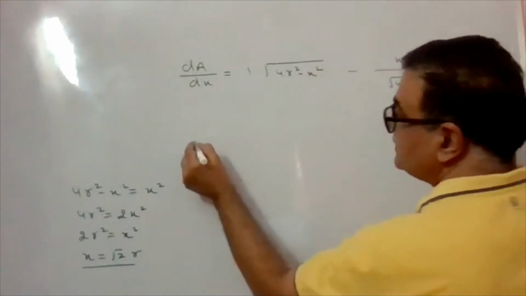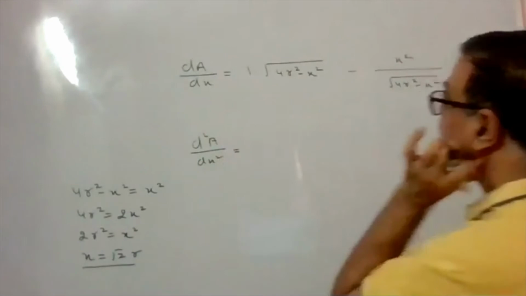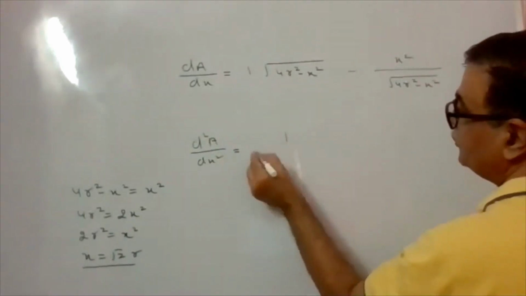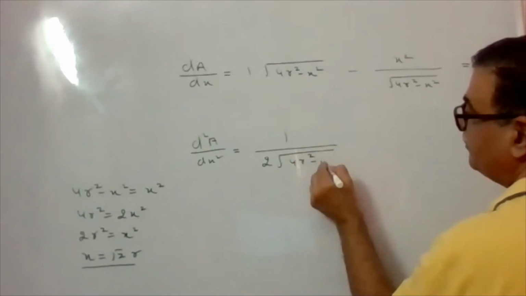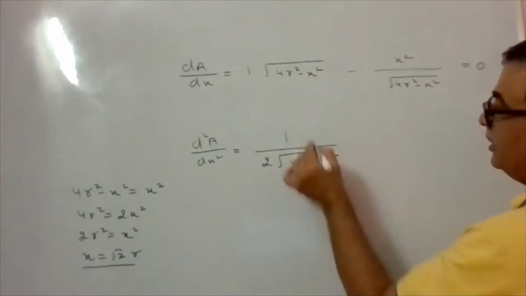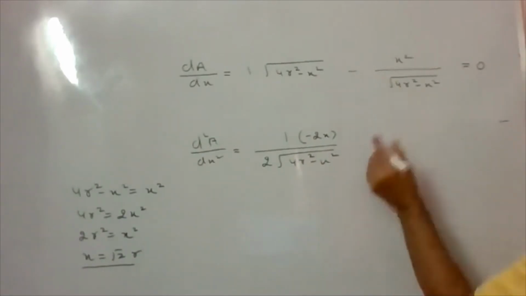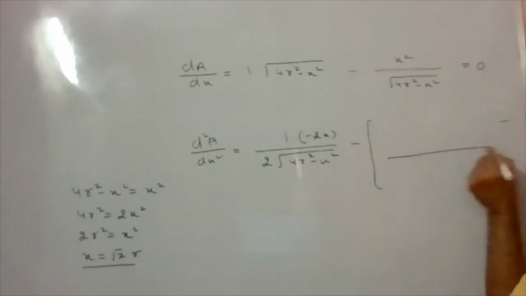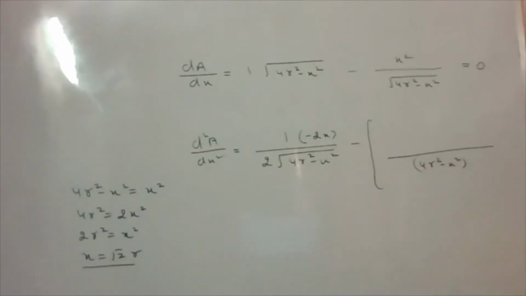When you go for second derivative, d2a by dx square will be equal to, when you take its derivative, it will be 1 by 2 under root 4r square minus x square into minus of 2x. This will go by division rule, so I go by division rule. 4r square minus x square is our LCM.